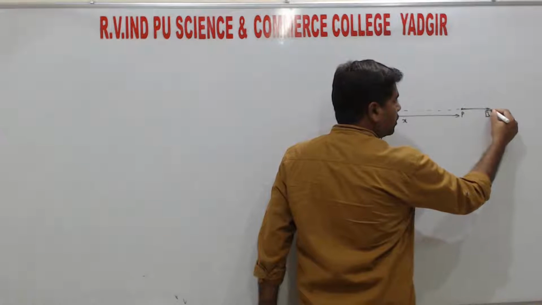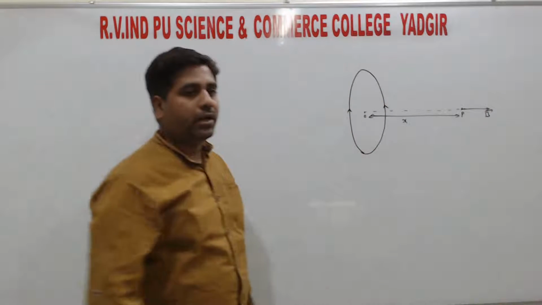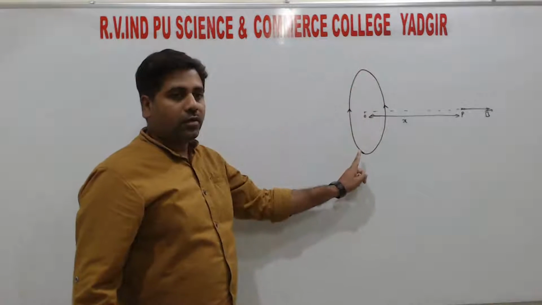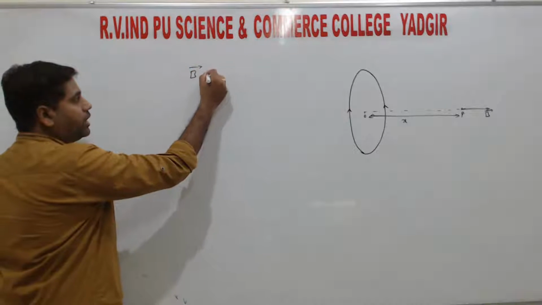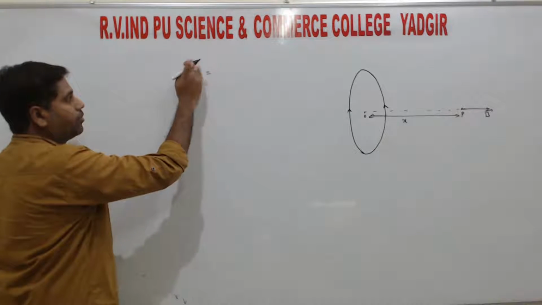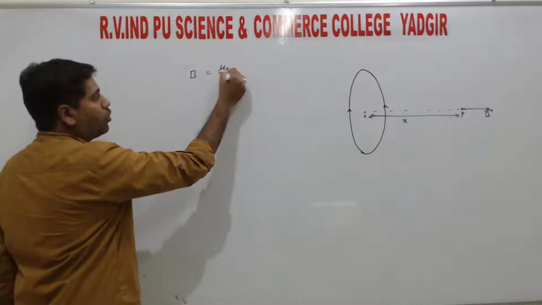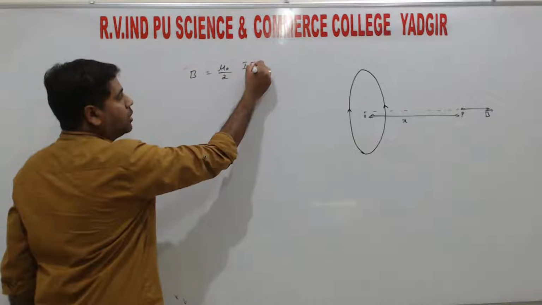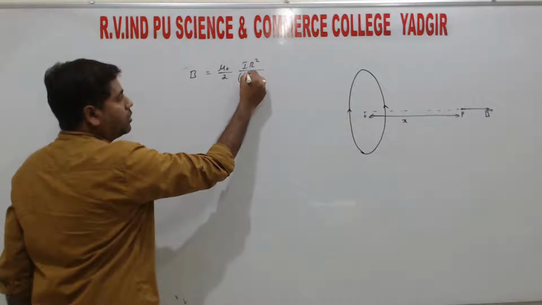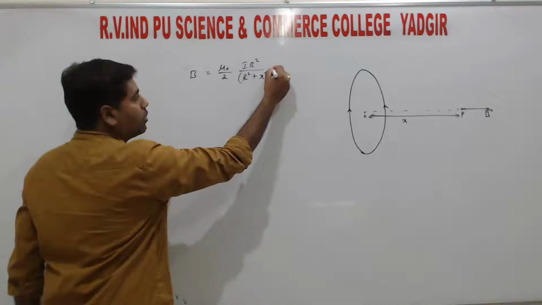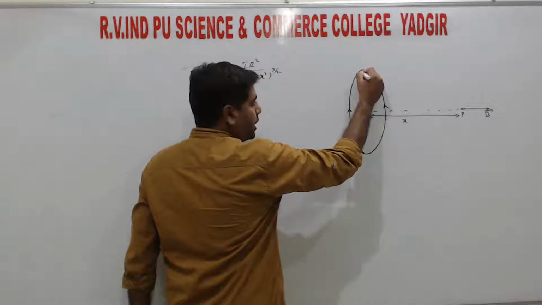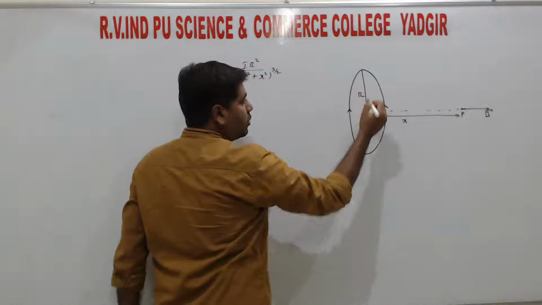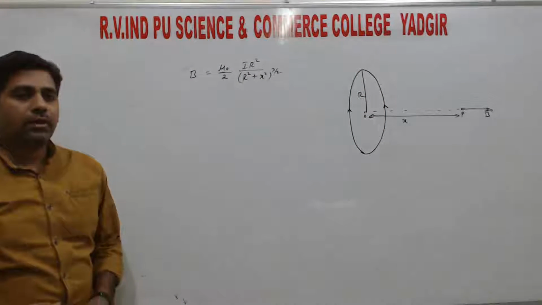So the total magnetic field B is given by B = mu naught by 2 I R square divided by (R square plus x square) whole power 3 by 2, where capital R is the radius of the circular loop.